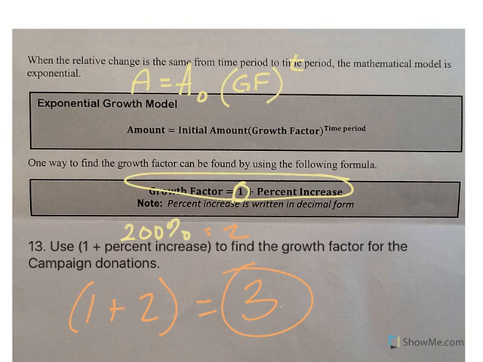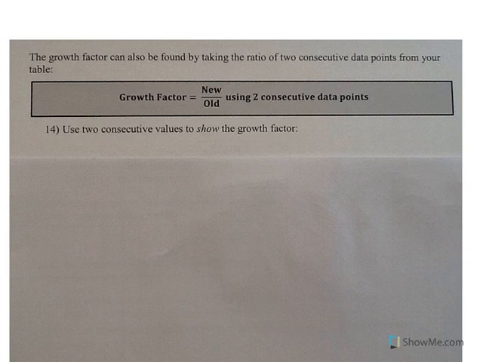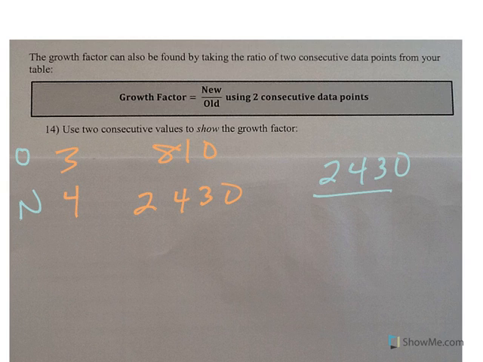All right, so let's move on to the next page here. Another way to find the growth factor is to divide 2 consecutive data points. So on our last one, for week 4, we had 2430, and in week 3, we had 810. So this would be new, this is old. If I use 2430 divided by 810, I get 3.